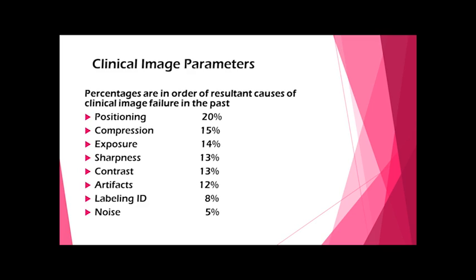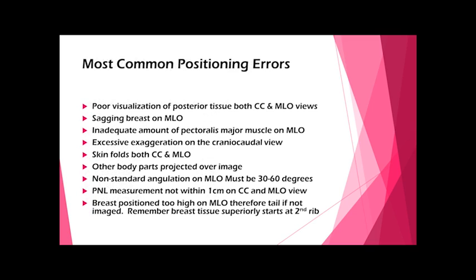Now, positioning, as we know, is the number one deficiency when you get a deficiency letter, or a failure when it's the second time. These are the percentages, all in order, of what causes the clinical image failure or deficiency.